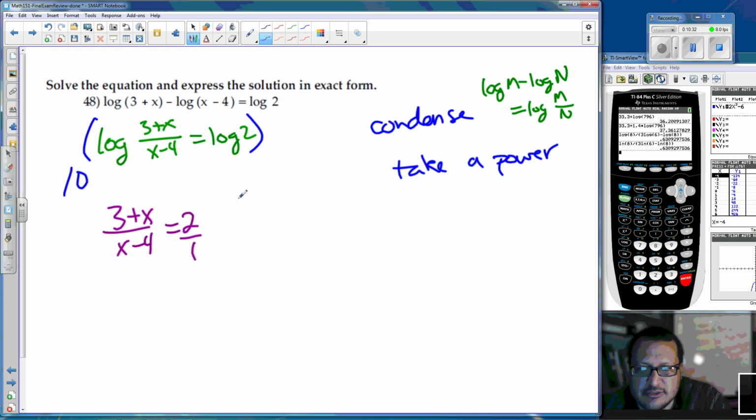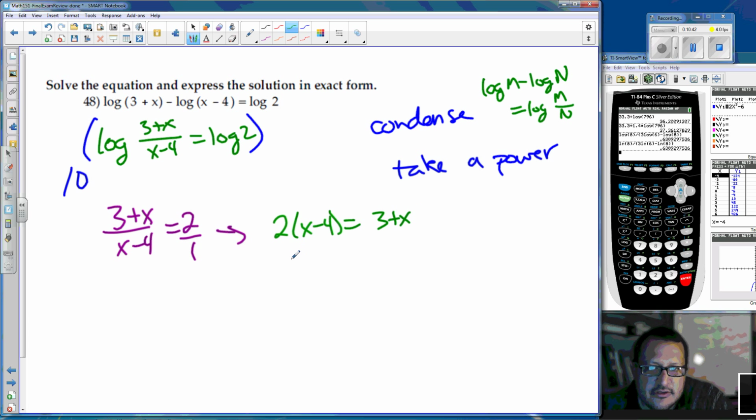You can cross multiply, so we get 2 times x minus 4 equals 3 plus x. And we have 2x minus 8 equals 3 plus x. Subtract x, so we have x minus 8 equals 3. Move the 8 over, and we have 11 as our answer.